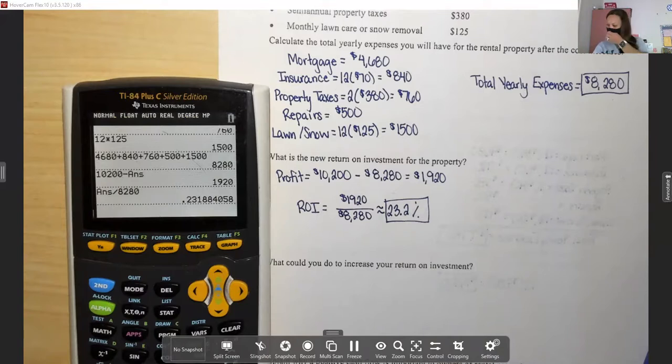All right, and then number 6, what could you do to increase your return on investment? So any ideas, what could be done to increase your return on investment? See if anyone has any ideas. How can you make your profit go up? Basically, to make your return on investment go up, your profit needs to go up. How could you do that? Any ideas?